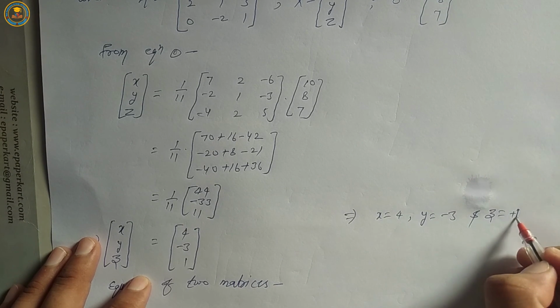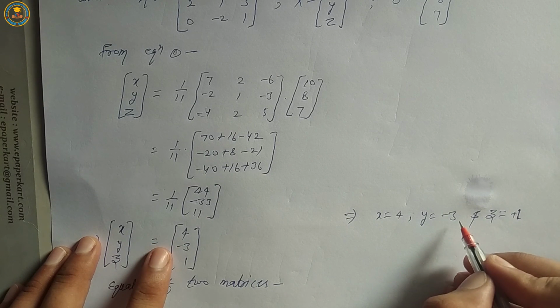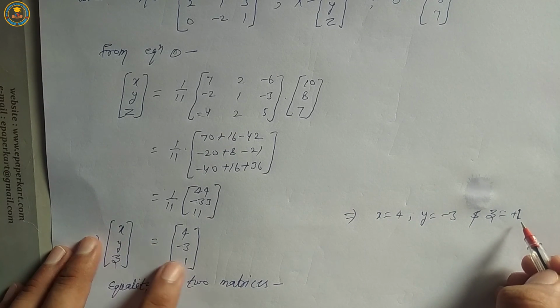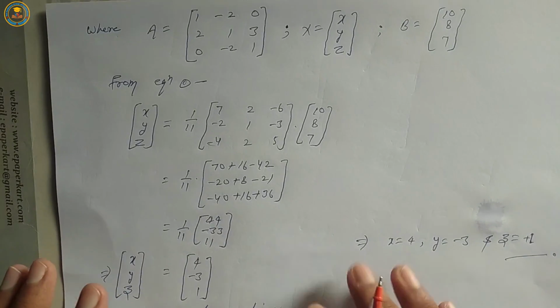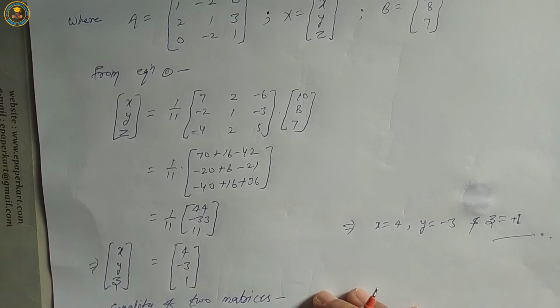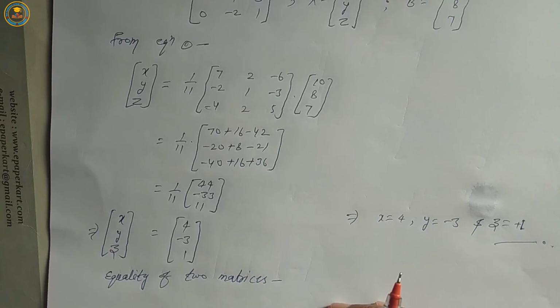Okay, x is equal to 4, y is equal to -3 and z is equal to +1. That is the answer. Question number 12 is complete, and we will discuss the next in the next video. Thank you so much.